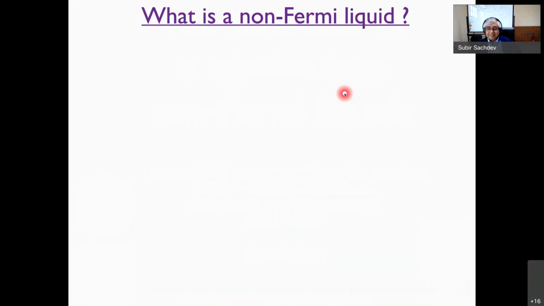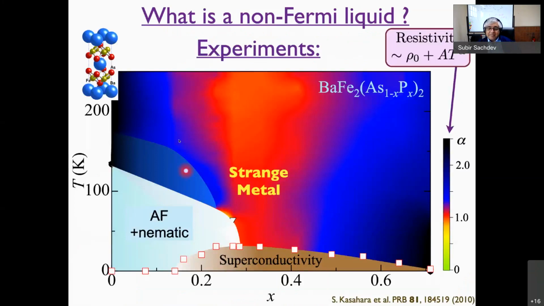Among experimentalists, what they mean is a regime of a metallic system, like here the iron arsenide superconductors, that has a regime of temperatures and carrier concentration where the resistivity, instead of having the T-squared dependence that is conventional for a Fermi liquid, which is what you see here at high values of x, has an exponent which is closer to 1, and this regime over here.